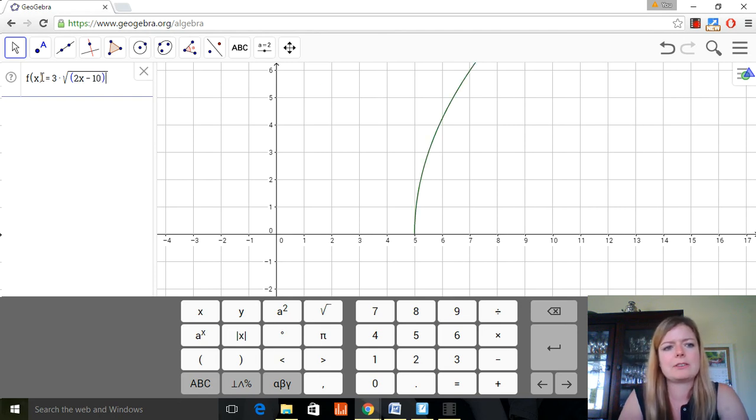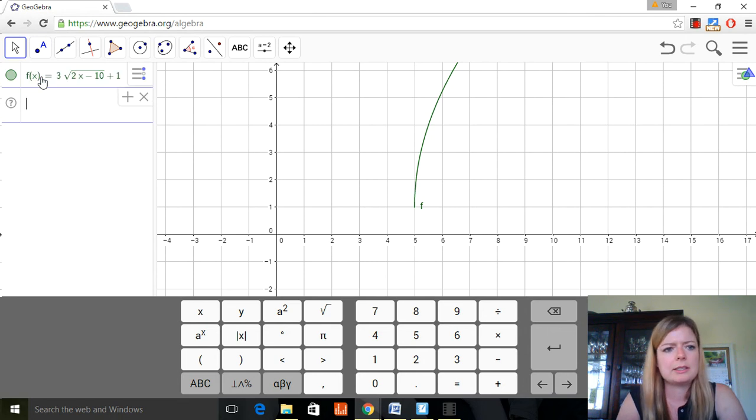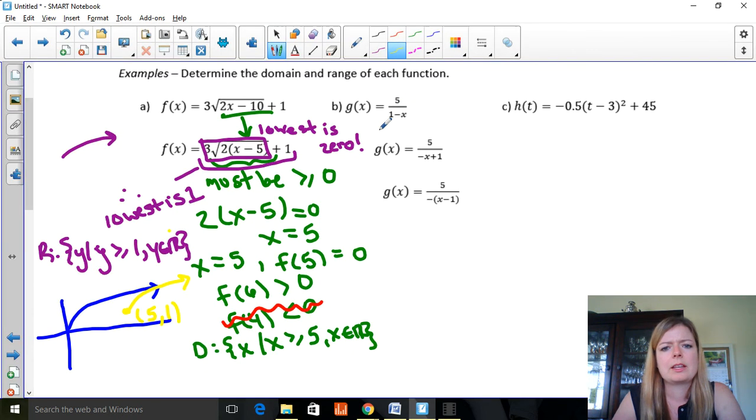I don't even need to factor out the 2. And then put my plus 1 on the outside, and then you can see where it is there, okay? So it starts at 5 and then goes in that direction, starts at a y value of 1, goes in that direction, so you can see your domain and range, okay? All right, so that is that. That looks pretty messy. Sorry, guys.